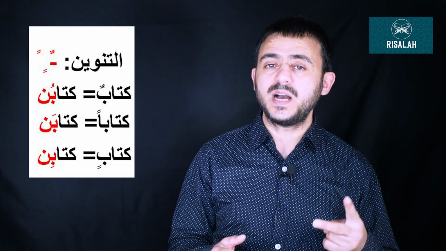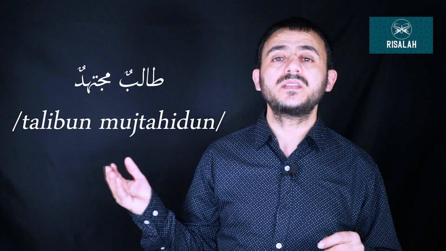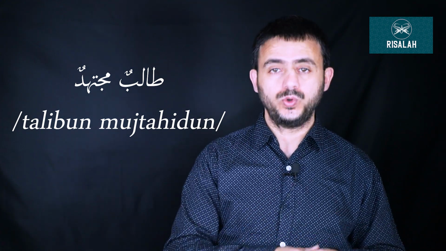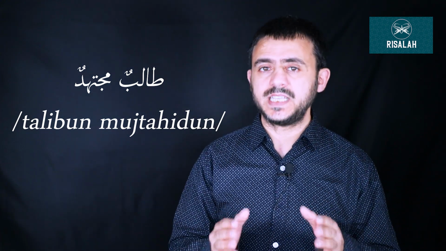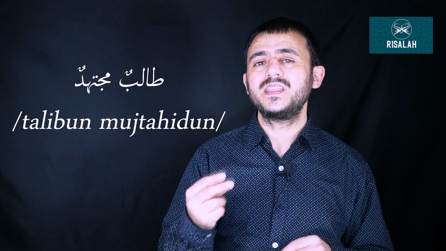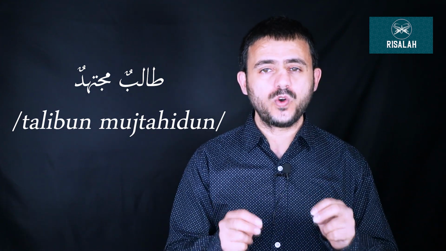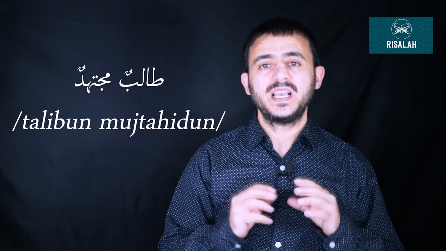Now, we can have the same word with double dhammas, or nunation, that is the tanween. طالب مجتهد. So طالب here is indefinite, and this is why we ended that noun with double dhammas. Again, the double dhammas, we call them nunation.